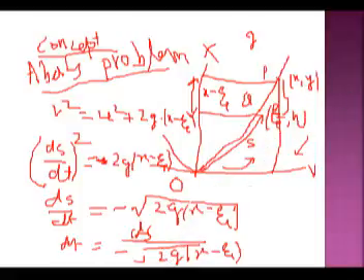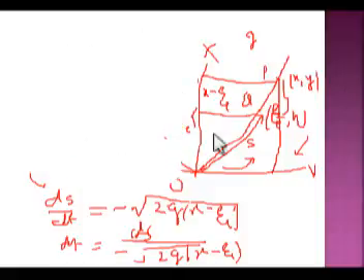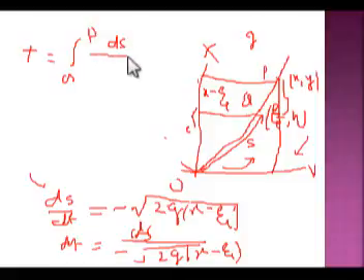So I will take the integration sign from Q to P, then t is equal to the integral from Q to P of ds by minus root over 2g(x minus xi).